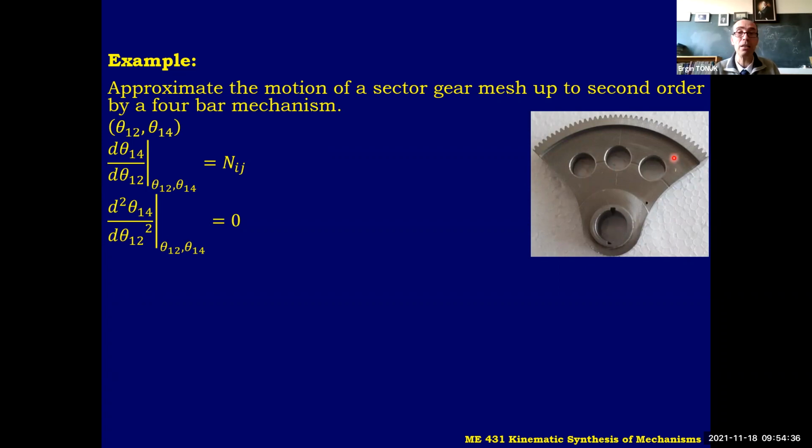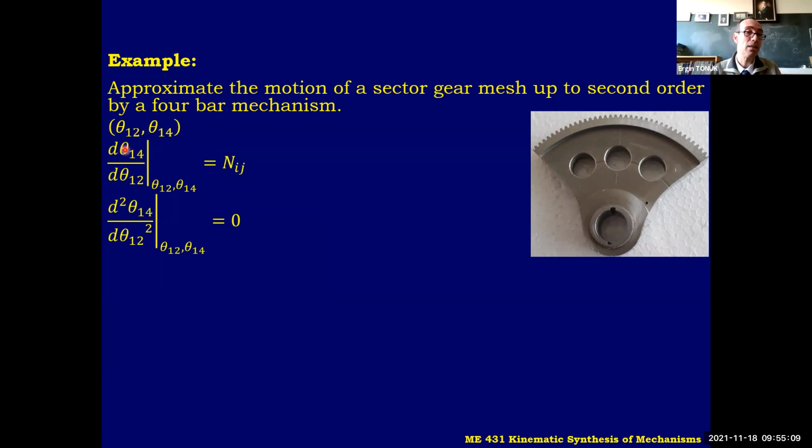However, these are expensive things, especially if your machine is something simple, or maybe it's a toy, or it's something disposable. You may not want to use gears. You may want to replace it by a 4-bar. And that's a typical order approximation. You just may select the mid position of your system as the design position.